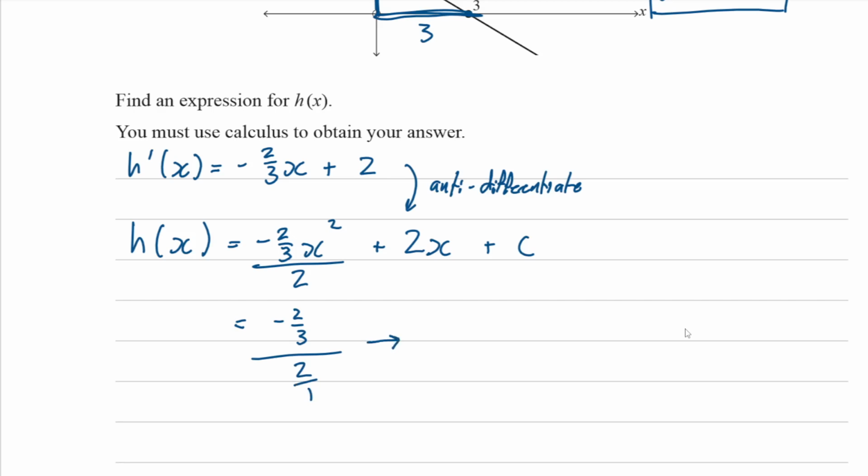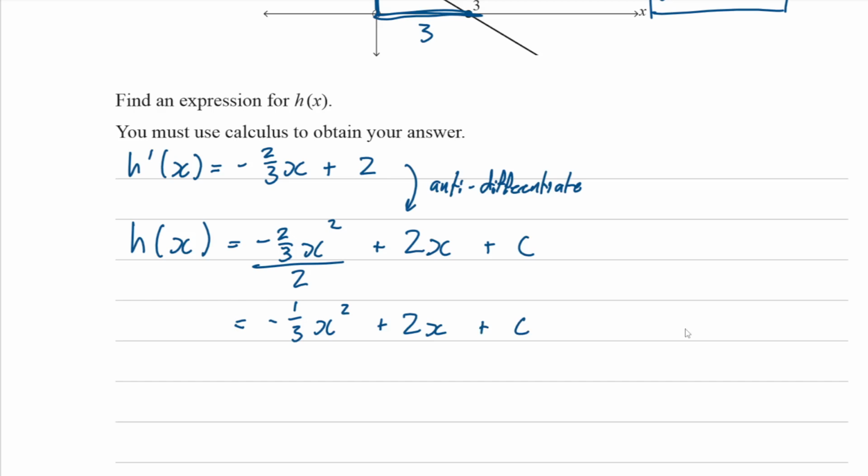And when we divide fractions, it's the same as multiplying by the inverse of the denominator, and those 2's would cancel, and we're left with negative 1/3. Of course, you can check on your calculator. So we have negative 1 over 3 x squared plus 2x plus c.